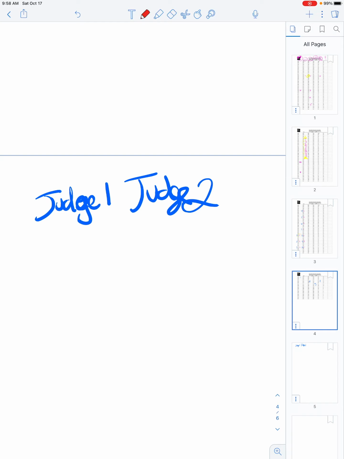Judge 1 gave singer number 10, the 10th person to sing, first chair.